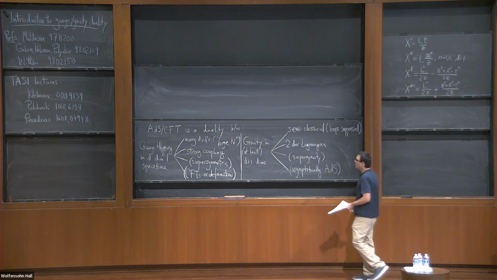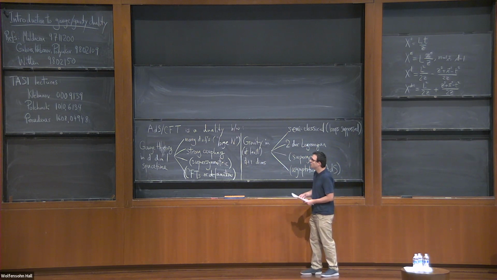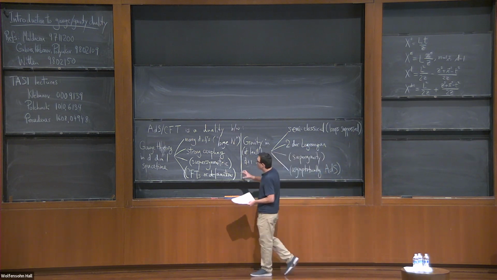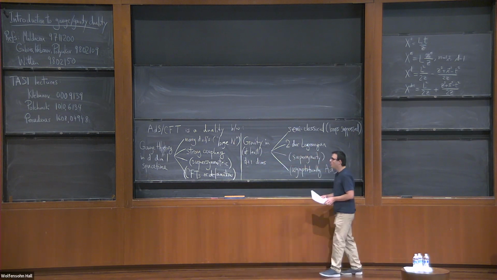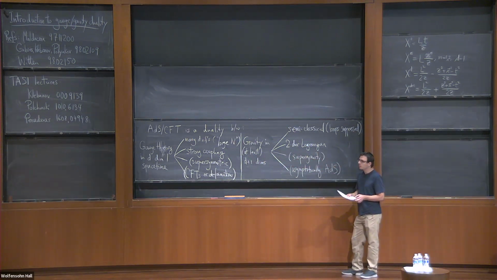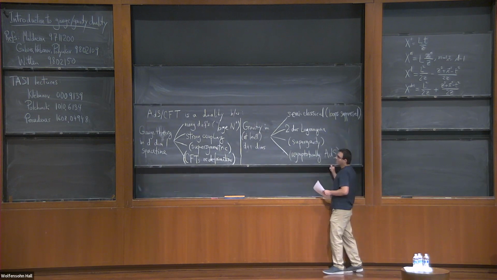Indeed, because gravity has spin up to 2, it must be that on the gauge theory side, if we have operators with spin bigger than 2, I'll explain maybe in the next lecture, that are single trace, then they have to have very, very large dimensions.